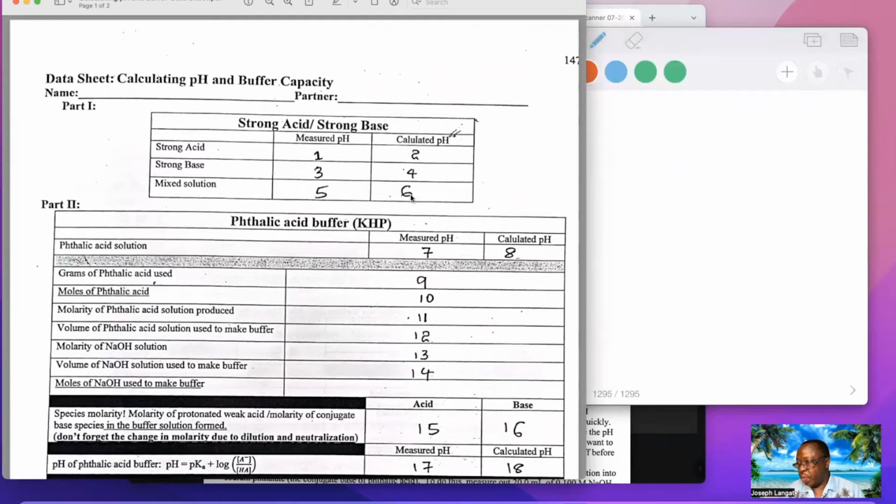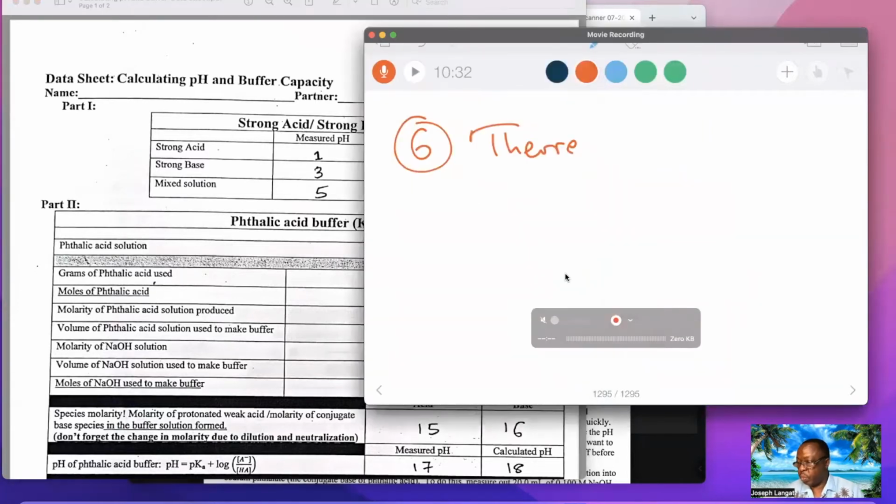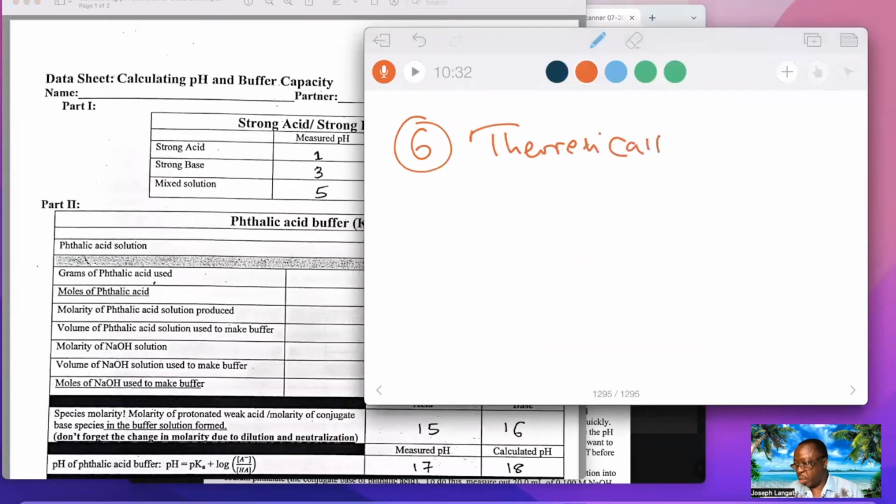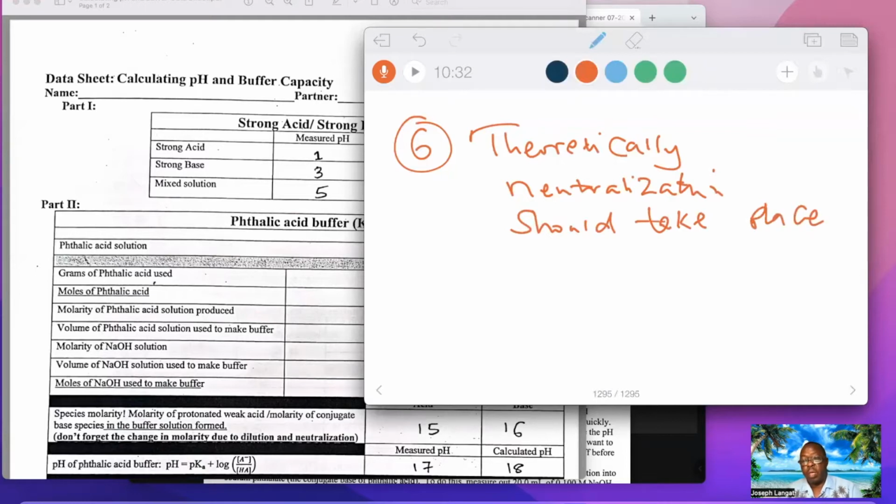theoretically, neutralization should take place. We expect this, but I guess there were some issues with the deionized water.